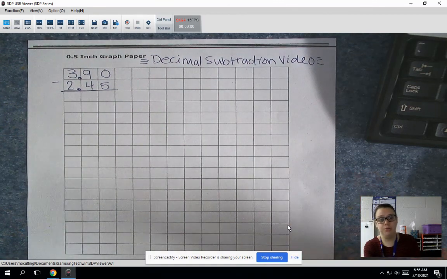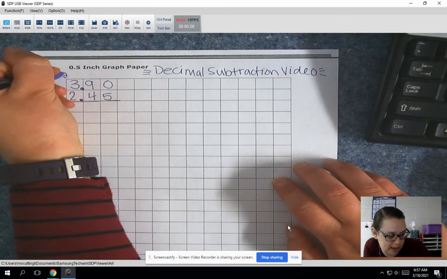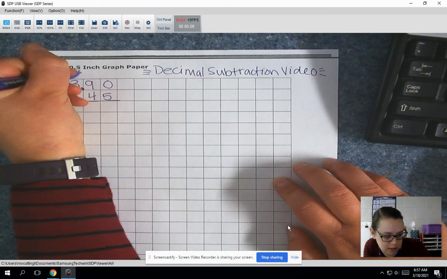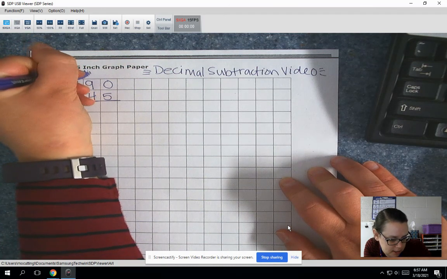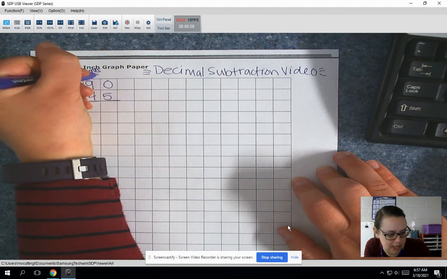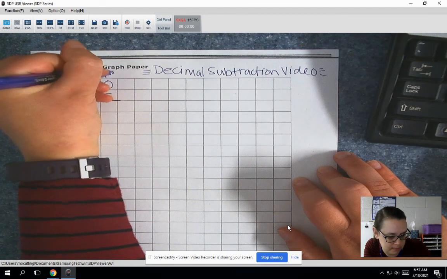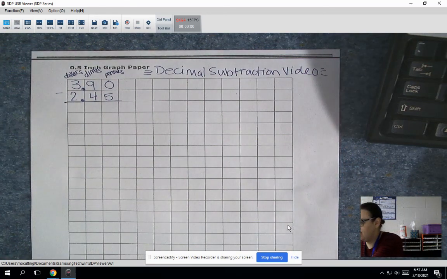So I'm going to totally use money for all of this, okay? So this is my dollars. The tenths place is my dimes. And the hundredths place is my pennies. All right, so I need $3.90.